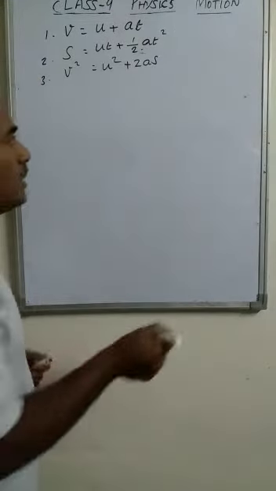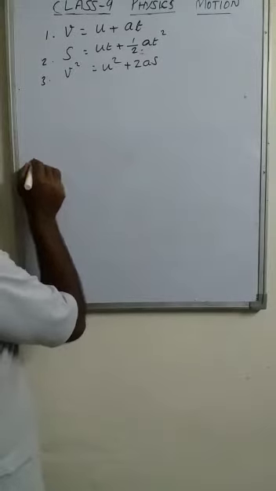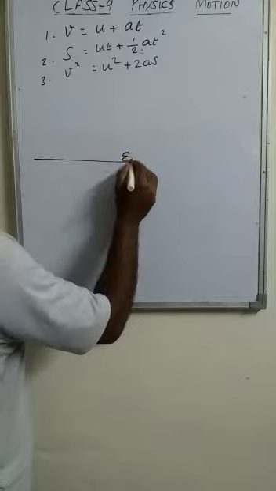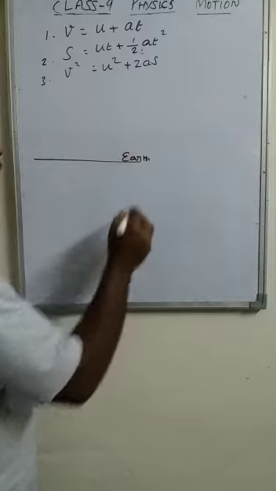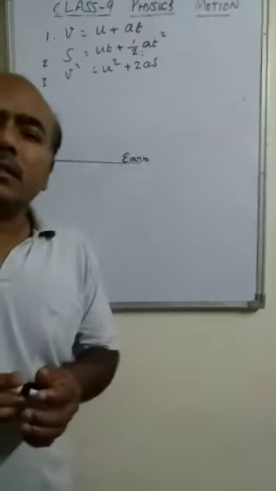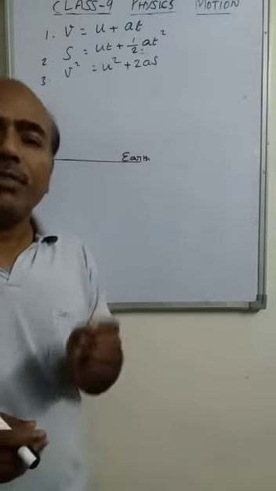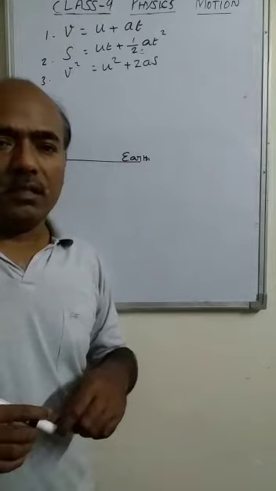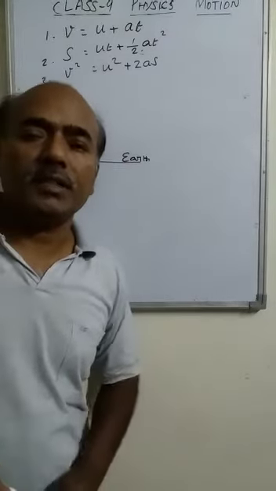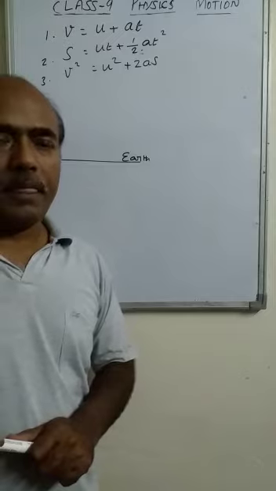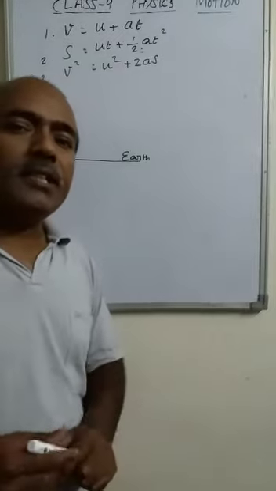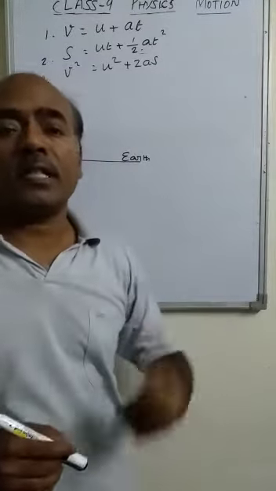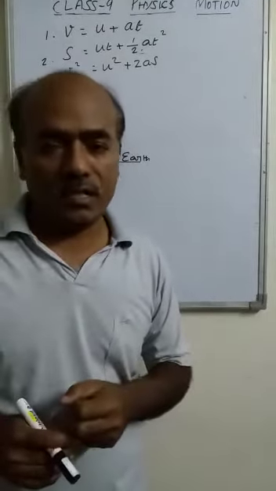Suppose this is the Earth's surface, the ground. We know that the Earth is attracting every object towards it with a force which is known as gravitational force. That gravitational force is always acting vertically downward because Earth attracts the object towards it.